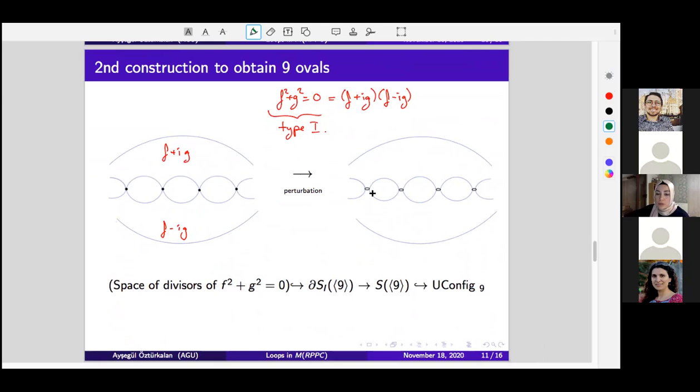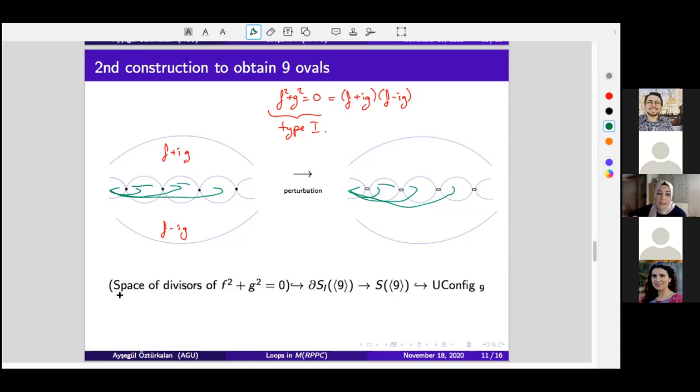And indeed, while we are considering movements of points, if this is the space of ovals, how we turn around these things is the same as working here, looking at loops on these points.